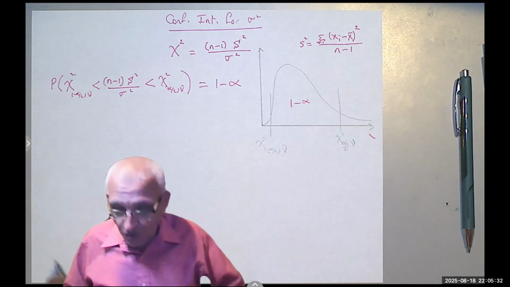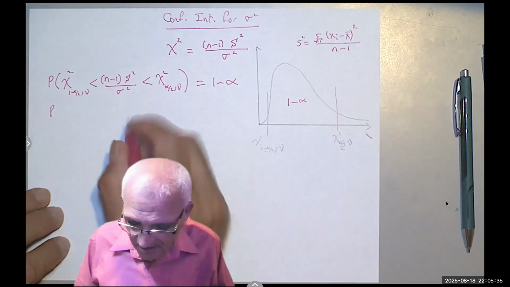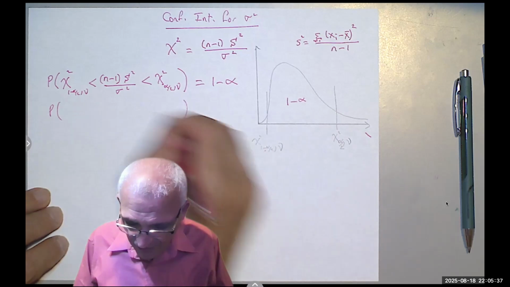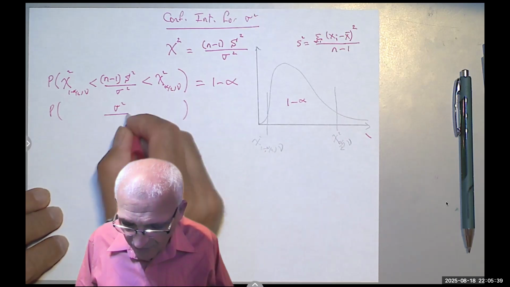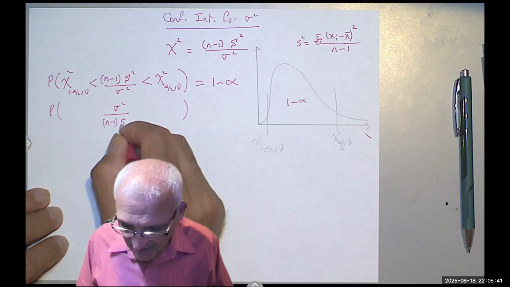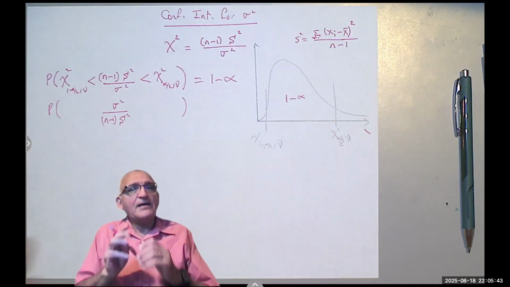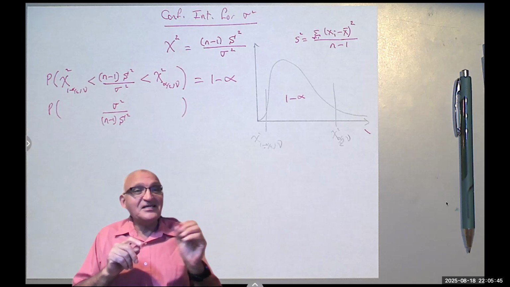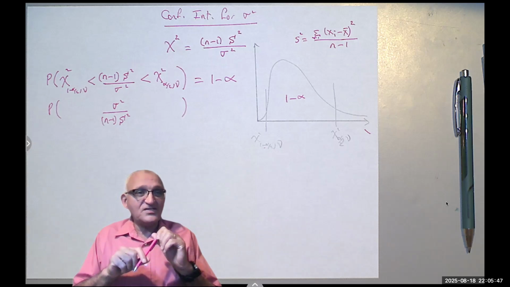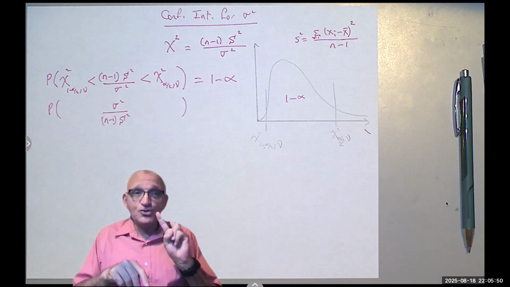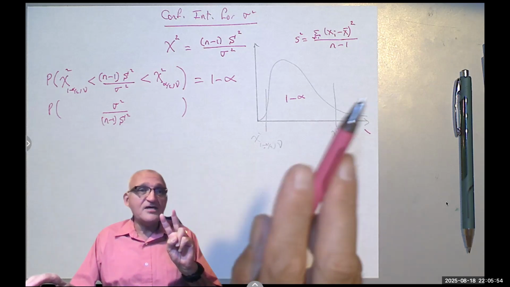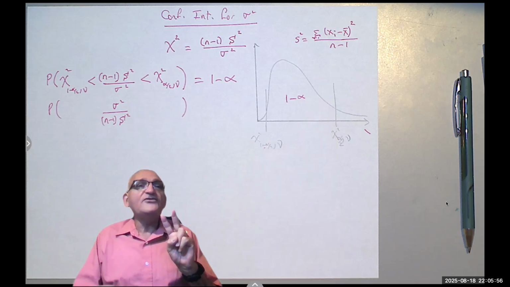So the first thing you do is you take the probability and you take the inverse of that. You make it sigma square over n minus 1 times s square. And what happens to the inequality signs when you take a reciprocal? Yes, there are two cases where you invert them: if you multiply everything by a negative number, or if you take the reciprocal.